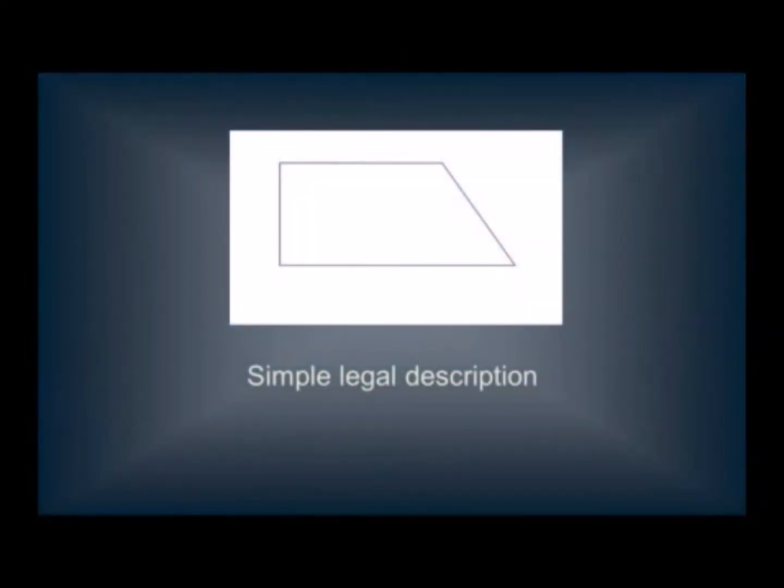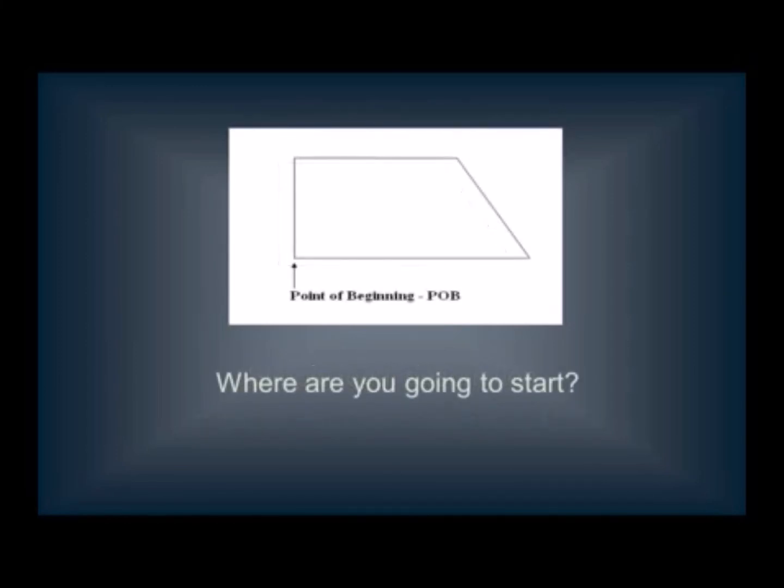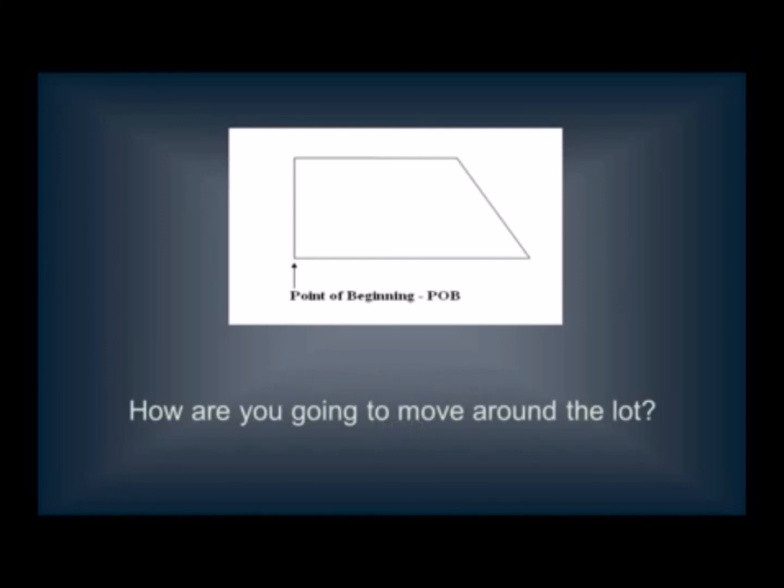To create a simple legal description, imagine you are a surveyor standing in front of this property. Your job is to describe the boundary lines. Where are you going to start? Surveyors call the starting point a point of beginning, or POB. Next, how are you going to move around the lot?